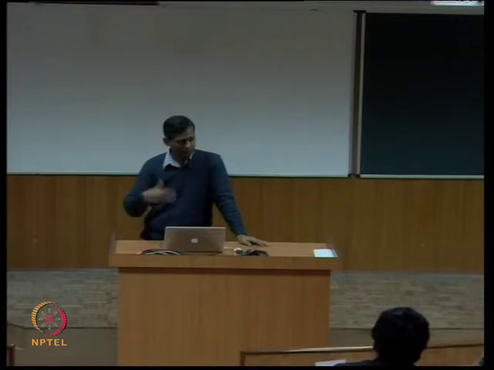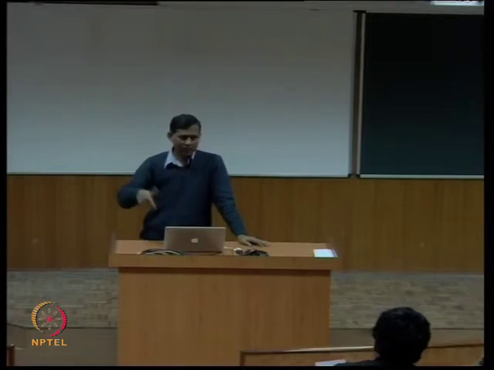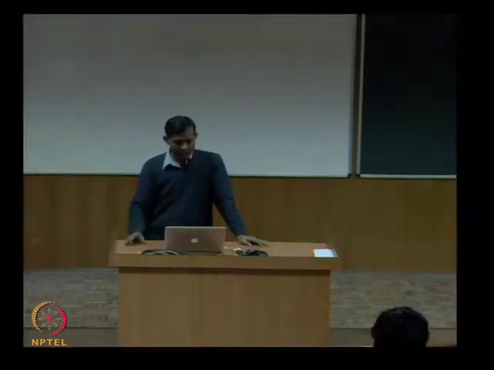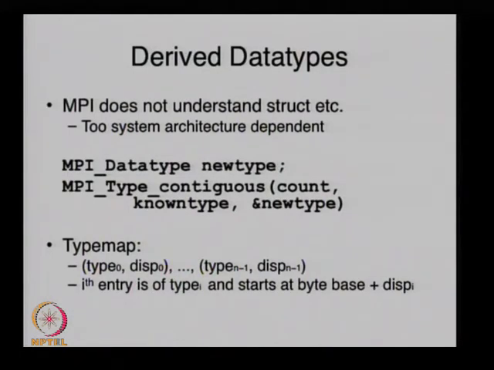Okay, so that detail can be taken care of by the underlying system. Endianness difference, whatever, the architecture difference, and if it's an int here, then it's an int there. Okay. So these are the standard, and the ones that you generate are called derived data types.